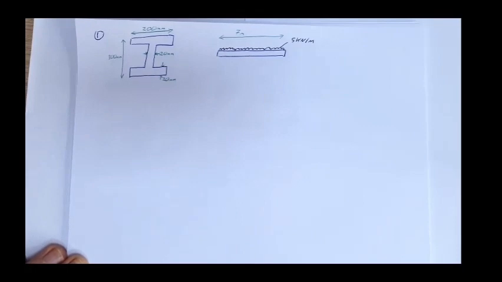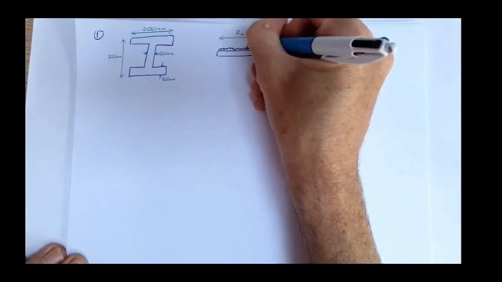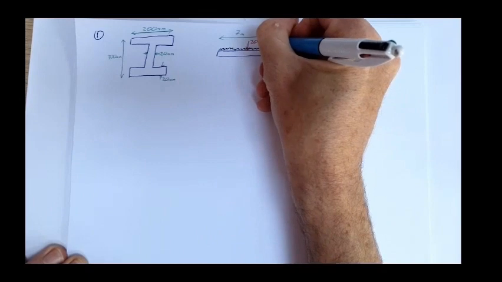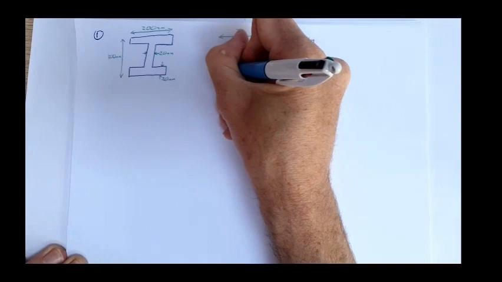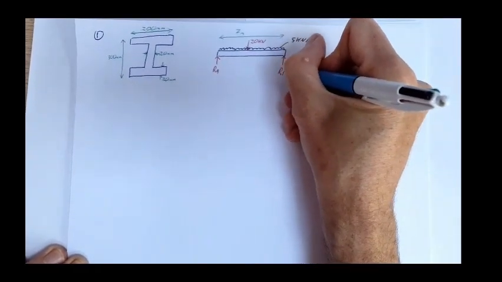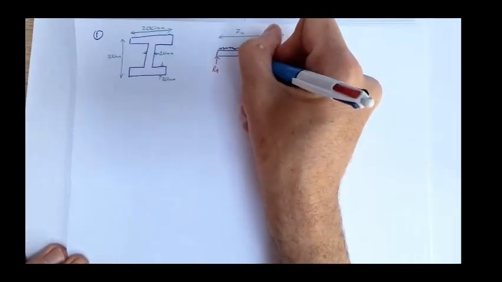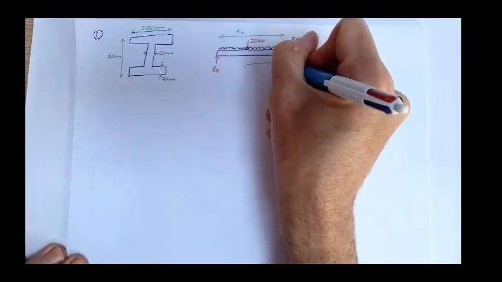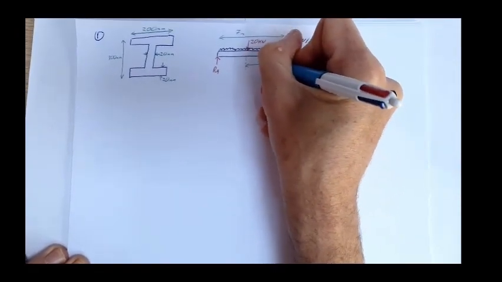And then in addition to that, we've got a 20 kilonewton load at the midspan. Let's call this RA, reaction A, and this RB, reaction at B. That load is in the center, so that distance there is 3.5 meters.